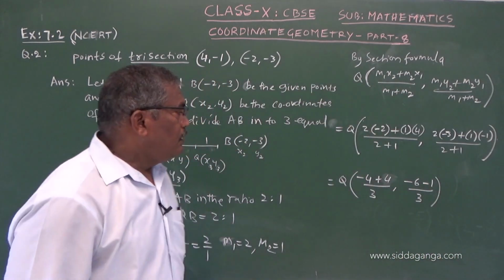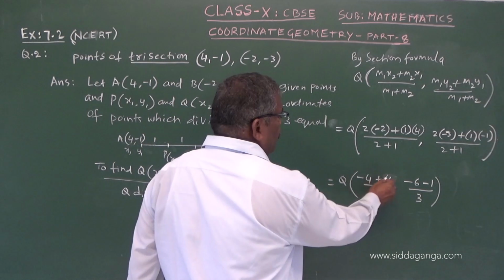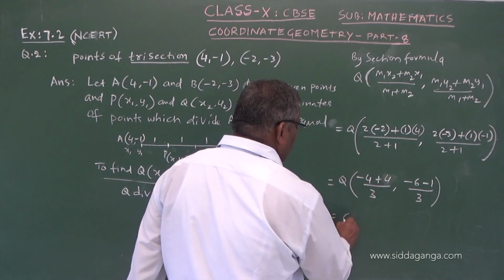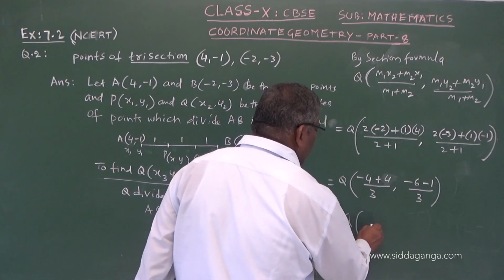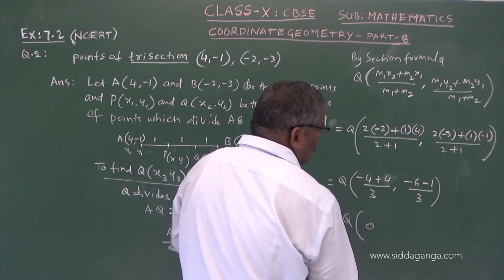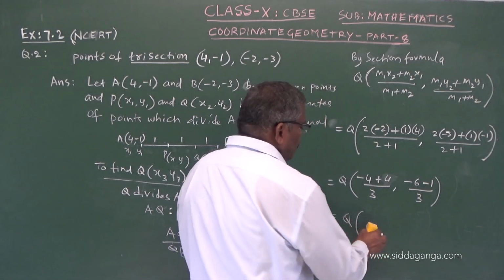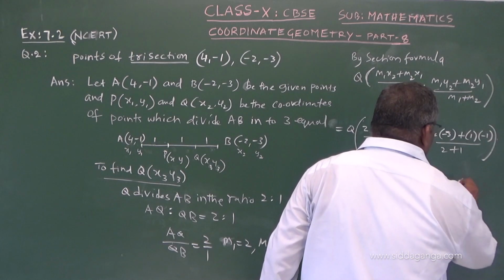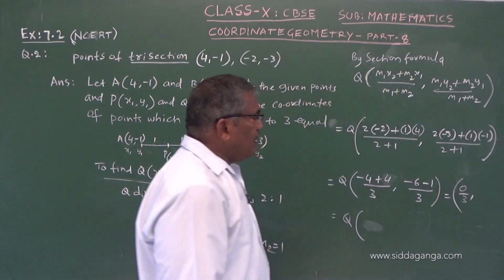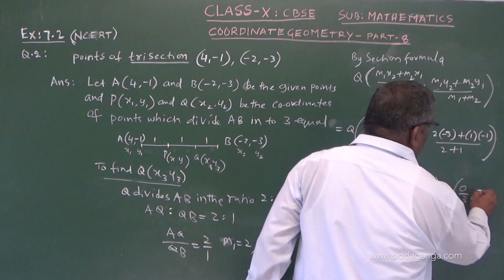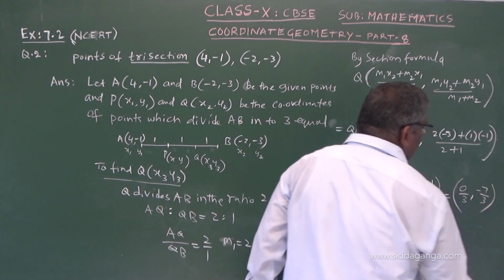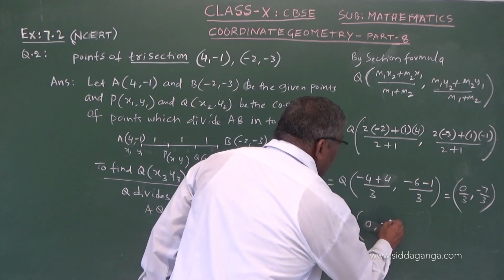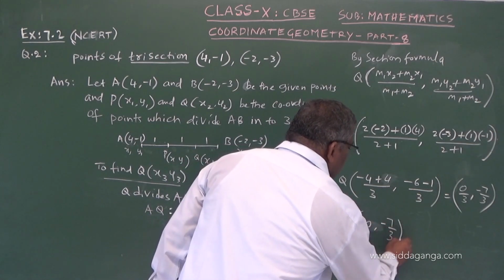So minus 4 plus 4 becomes 0, and 0 divided by 3 is 0. So Q's x coordinate is 0, and the y coordinate is minus 7 by 3.